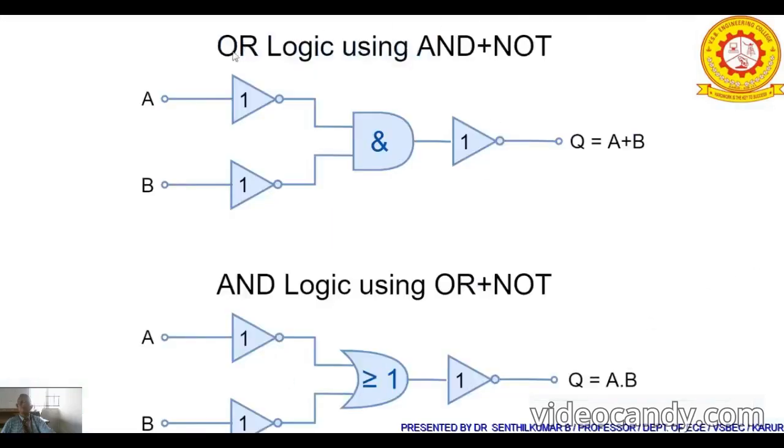So look at this, some of the examples I have given, how OR logic is effectively used with the help of AND and NOT. Okay. So this is AND operation. Okay. This is OR operation.